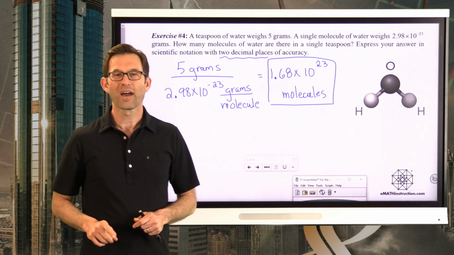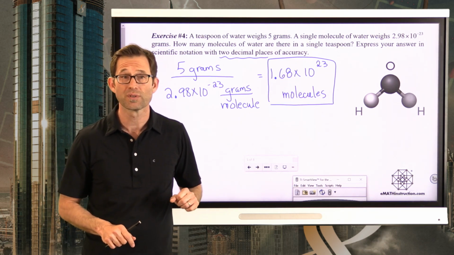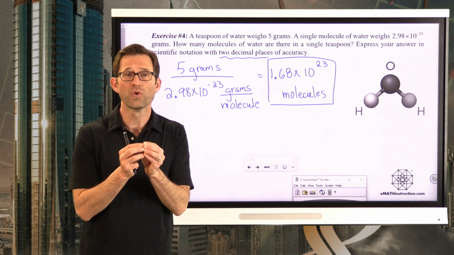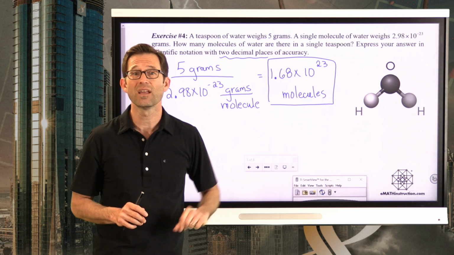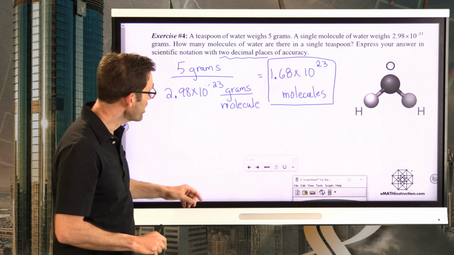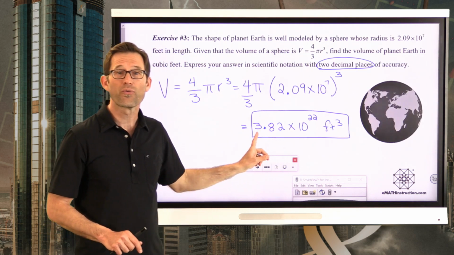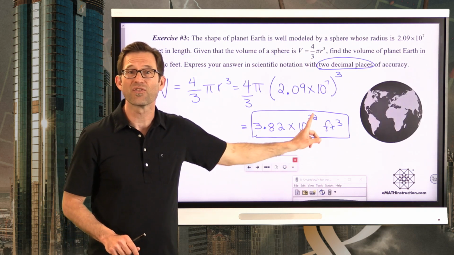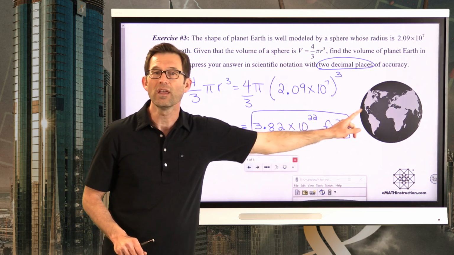Now, kind of cool, just as a little perspective, that's a huge number of molecules, right? A single molecule of water, and there are 1.68 times 10 to the 23rd molecules in a teaspoon of water. By the way, if you go back just one slide, take a look at this. There are 3.82 times 10 to the 22nd, notice that, 10 to the 22nd cubic feet in the Earth.